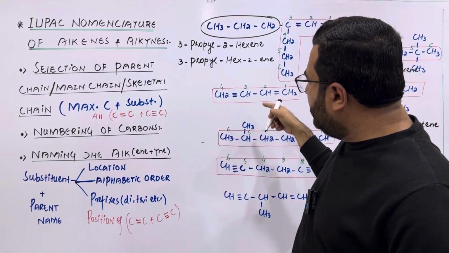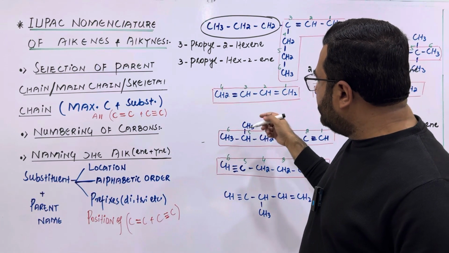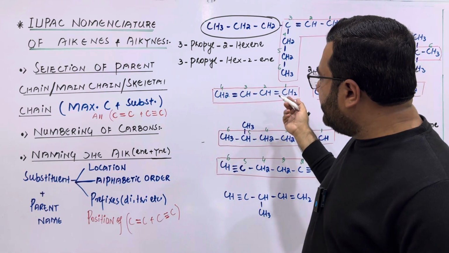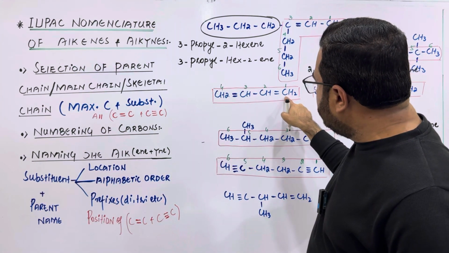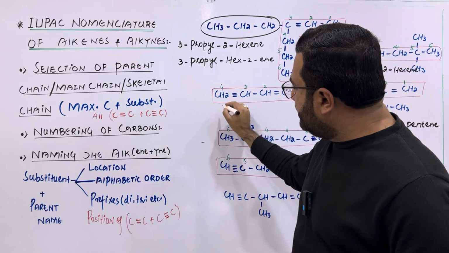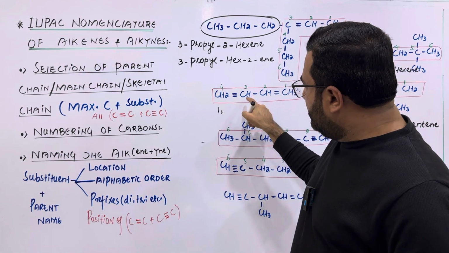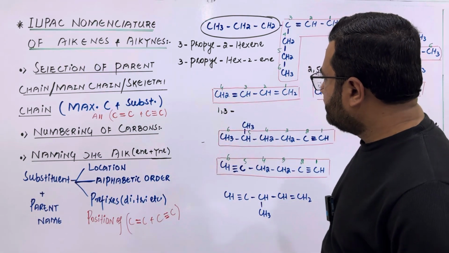And my dear students, now let us name this diene. It is basically an alkadiene. It has 2 carbon-carbon double bonds. Now there is no substituent here, so you will mention the location of the double bond first using the lower numbers of the carbons. It is between first and second carbon, so you will use the lower number 1. Third and fourth carbon, 3.